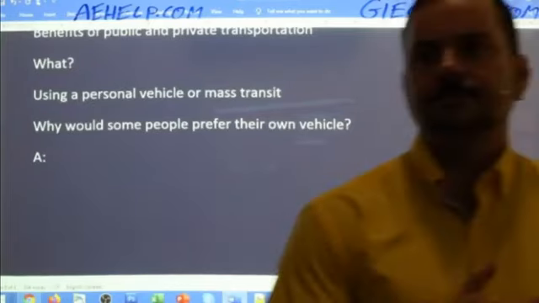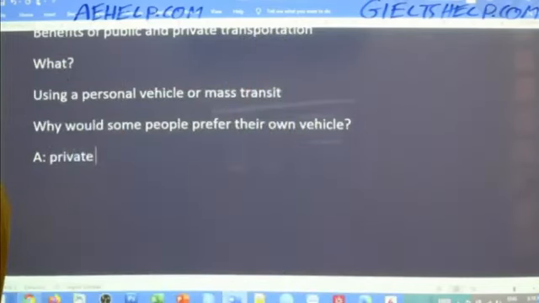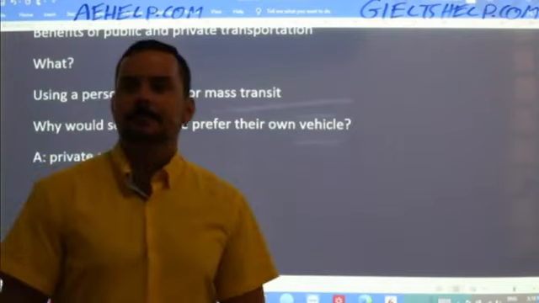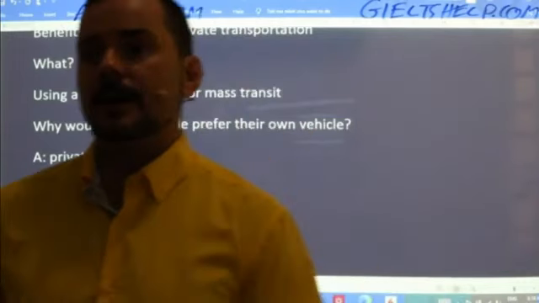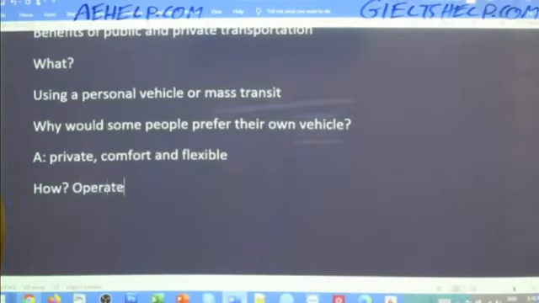All right, Samuel says privacy and flexibility. So it's private and flexible. And it's comfortable, that's what I would say. So private, comfort, and flexible. How? So how is it private? Operator is in their own space.